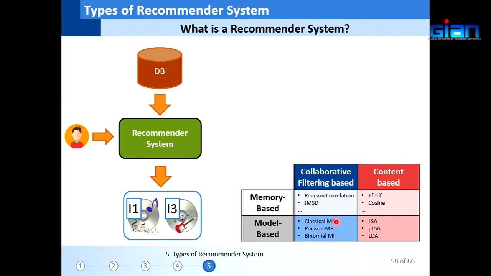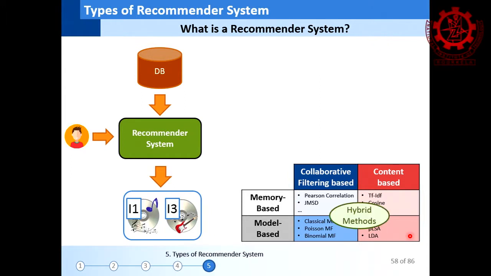When we talk about model-based recommender systems which are based on content, we have, for example, latent semantic analysis, probabilistic latent semantic analysis, and latent Dirichlet allocation. Many of these techniques are being used for information retrieval, for example, and we can use them to develop recommender systems.